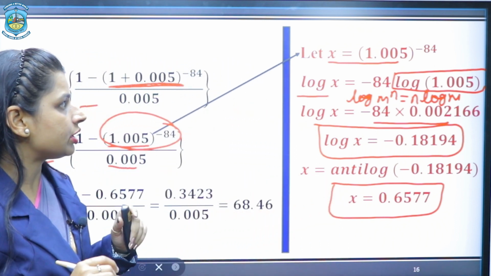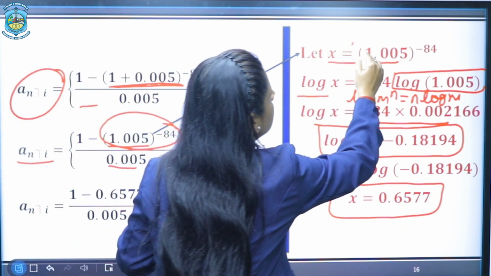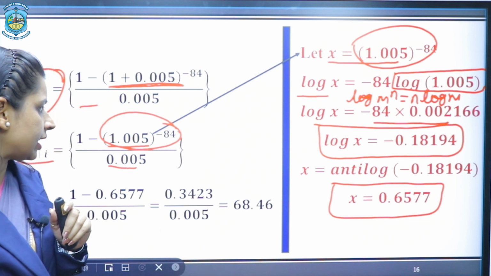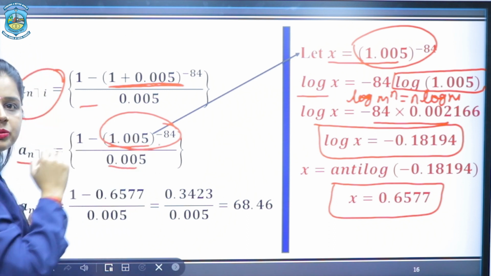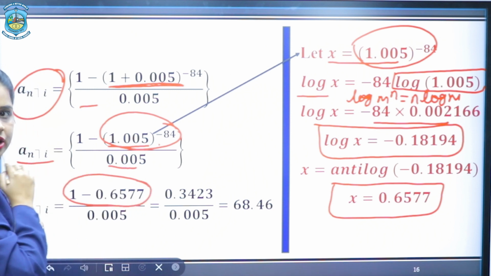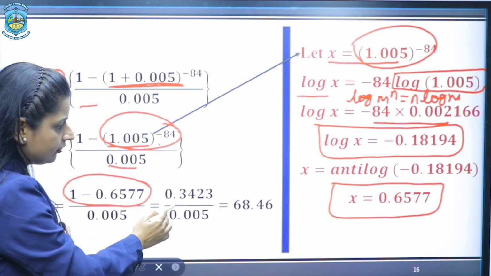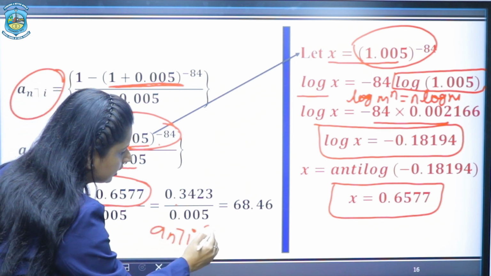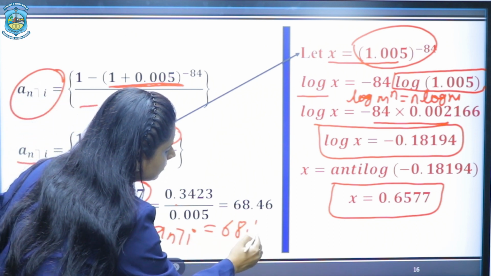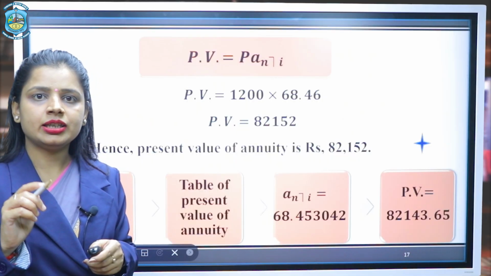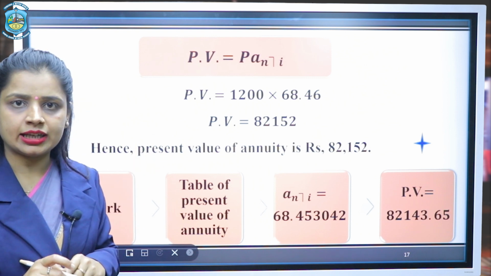So we substitute the value of 1.005 to the power minus 84 in this expression, and first in the numerator we do subtraction, and then by the division we get the value A n angle at i as 68.46.